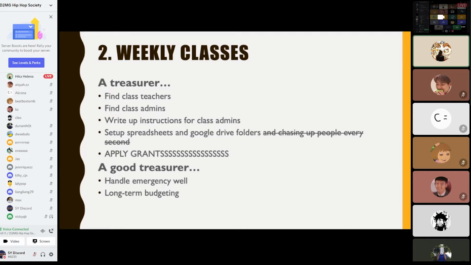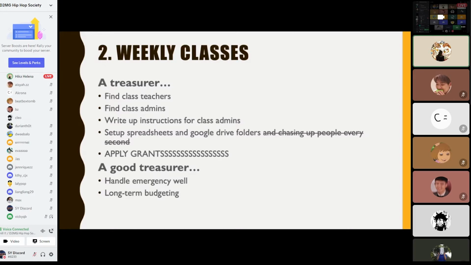And at the start of the term or even the start of the year, you have to write up a brief instruction for class admins for them to know how to best perform their job. Also, you have to set up spreadsheets and Google Drive folders for the class admins to upload attendance forms and class photos and other relevant information.